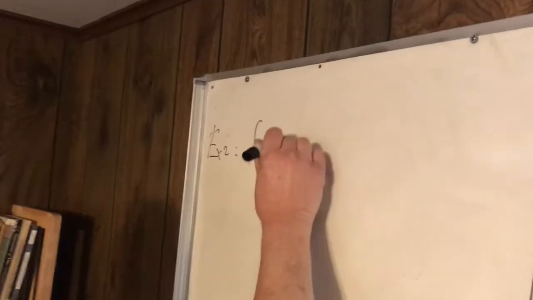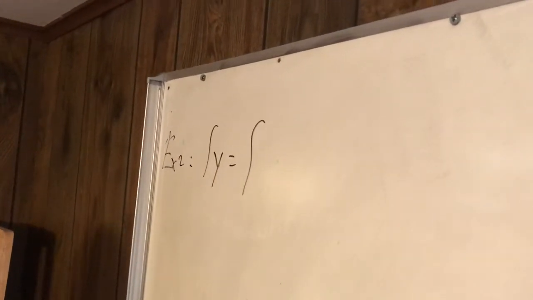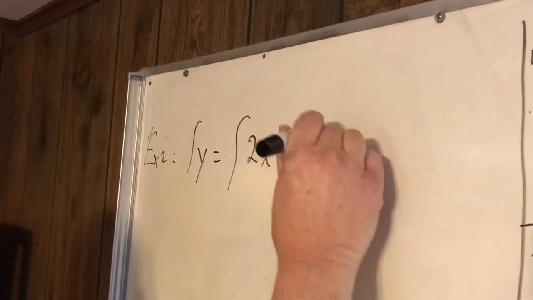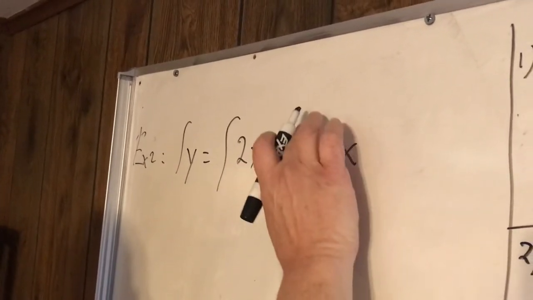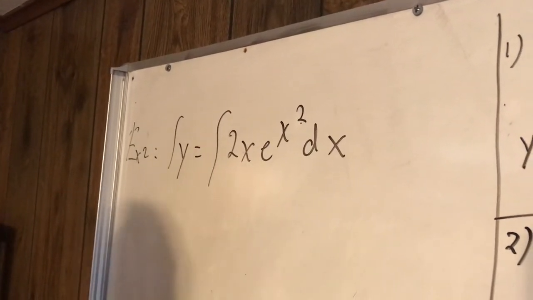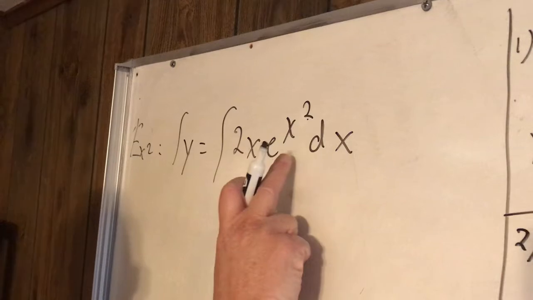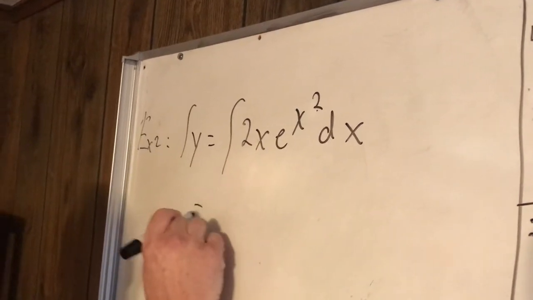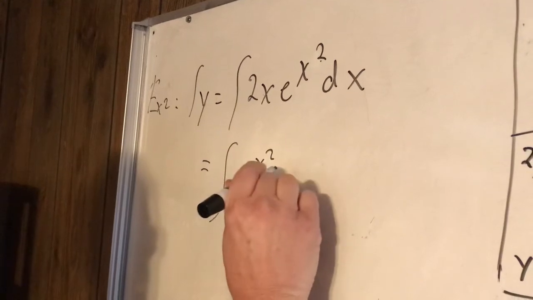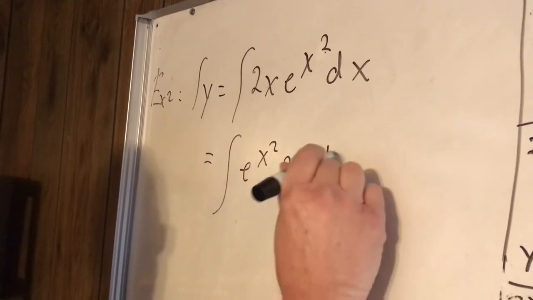The integral of y is the integral of 2x e to the x squared dx. Now, notice the f of x can be either between here and here. In other words, I could write this if I want, e to the x squared 2x dx.